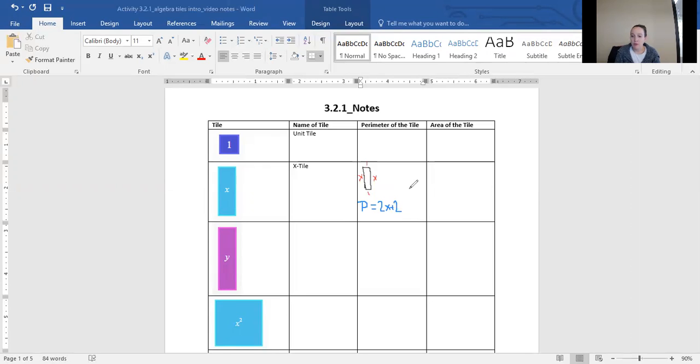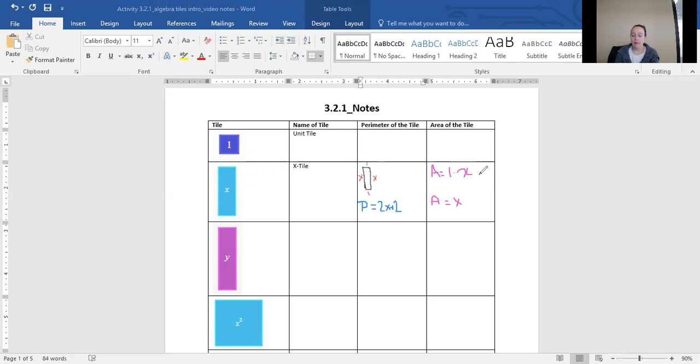Okay, so we have 2x plus 2 units. All right, let's talk about the area of this guy. The area, again, is going to be the base times the height, and my base is 1, and my height is x. So my area is, well, 1 times x is just x. So I have an area of x.